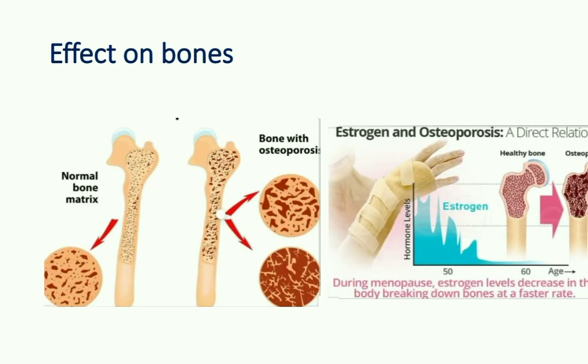Now what is its effect on bone? Estrogen has an anabolic effect on bone. It has osteoblastic activity, but it causes early fusion of the epiphysis with the shaft as compared to testosterone in males, and it is the reason for the short stature of a female as compared to a male. Estrogen increases the thickness of bone by increasing bone matrix and deposition of calcium.